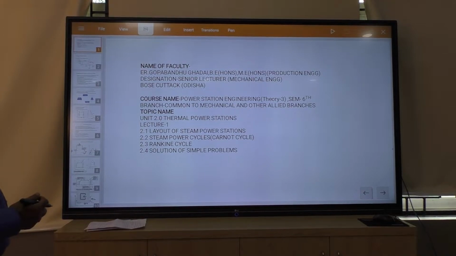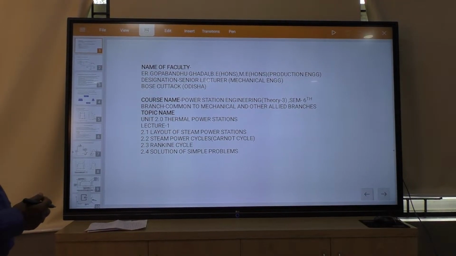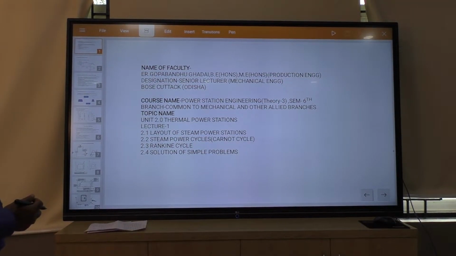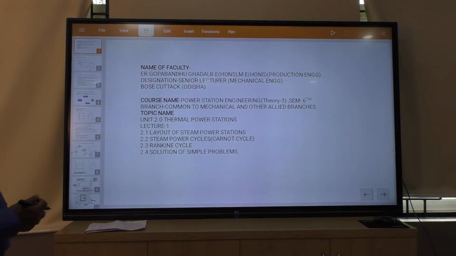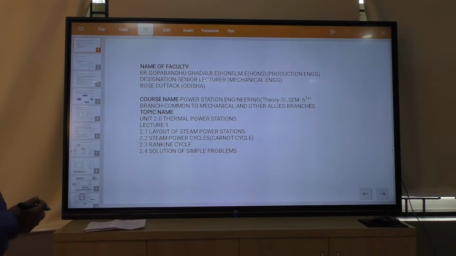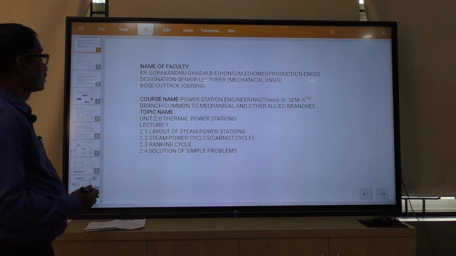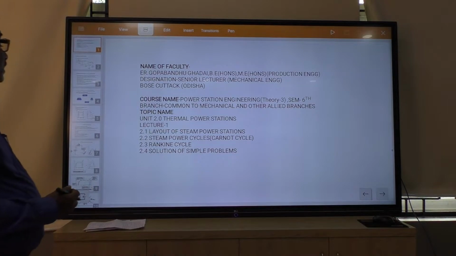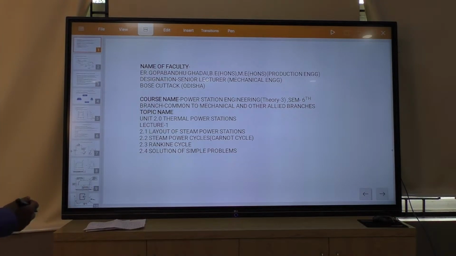In Odisha, in the earlier 60s, the Talcher Thermal Power Corporation was producing electricity, and that is used for our state. This thermal power station can be designed by taking heat from other sources.